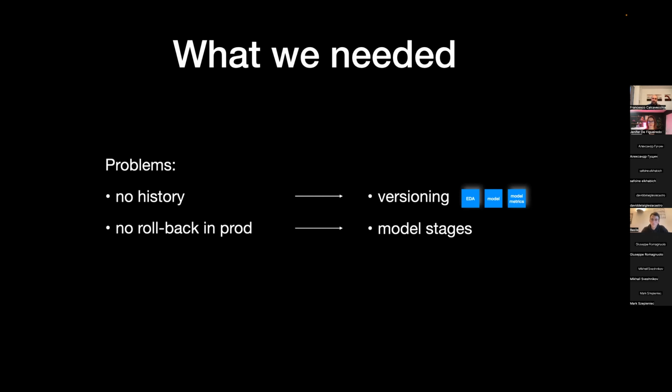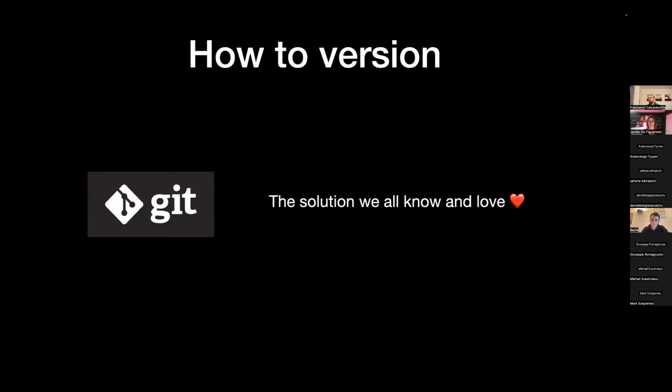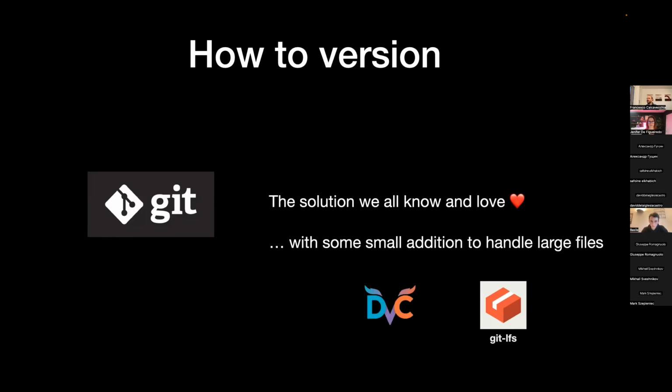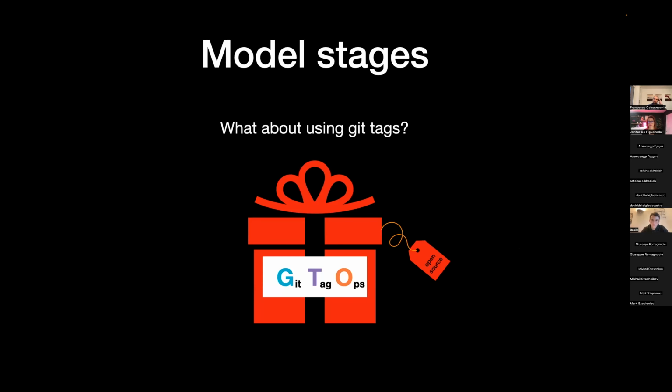And so then I start thinking, okay, how to version? Well, there's a tool called Git that we all know and we all love. Why not use that? Of course, here you are dealing with maybe a bit large data. So perhaps you want to use DVC or Git LFS. In my case, I decided to go for DVC, but it's not the only option. So Git can help you with versioning. And then what about the stages?